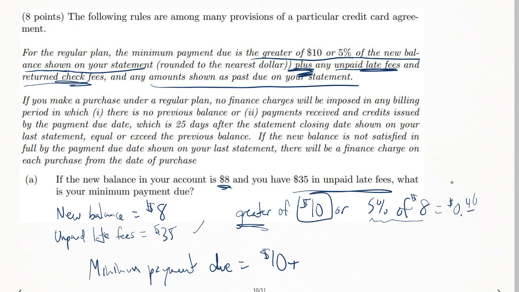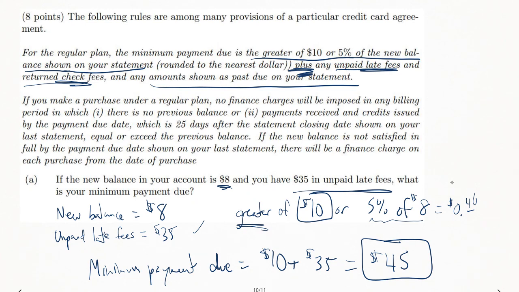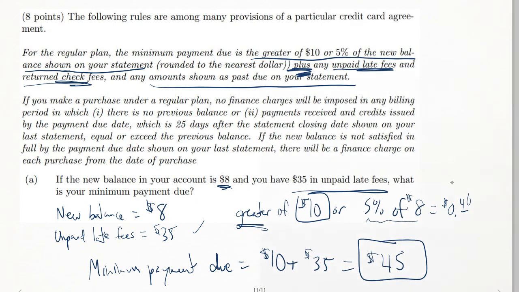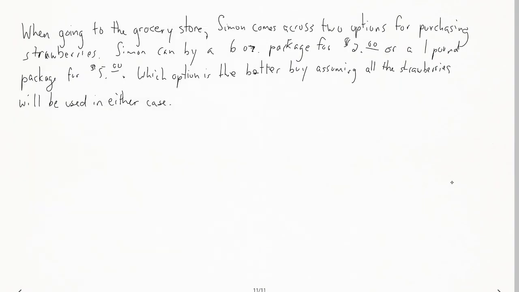We do have that, so that needs to go in. And then we don't have return check fees. We don't have any amount shown as past due on your statement. So our minimum payment in this case is $45. Okay. Hopefully you can see how we're doing some critical thinking, just reading on through and checking stuff along the way. Right? Take your time, go ahead, check it, make sure all the wording's right, and things like that. And if it takes you more time, that's fine, right? There's no problem with that.